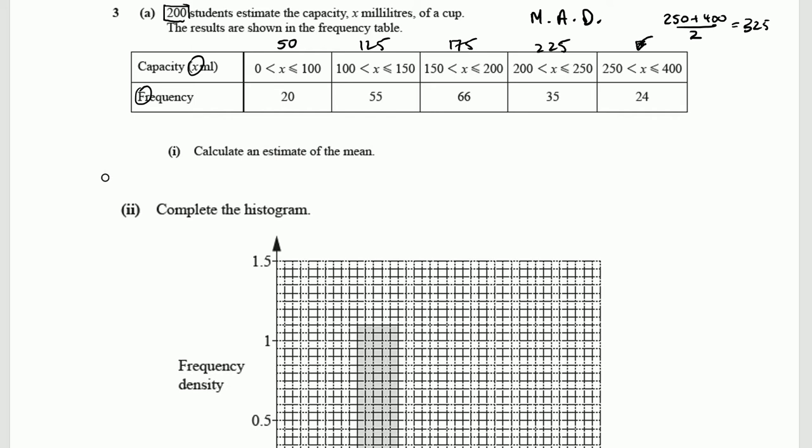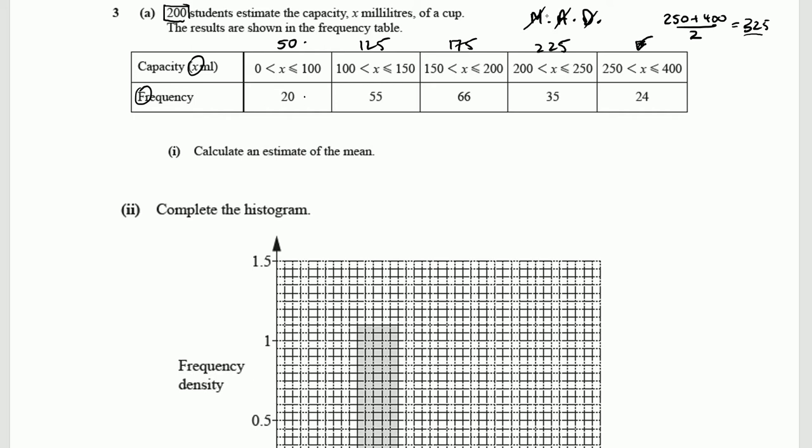So now I would multiply the 50 with the 20, the 125 with the 55, the 175 with the 66, the 225 with the 35, and the 325 with the 24. That's the multiplication. If I were to add all those together, that would be the next step, and then finally I'd divide by 200.